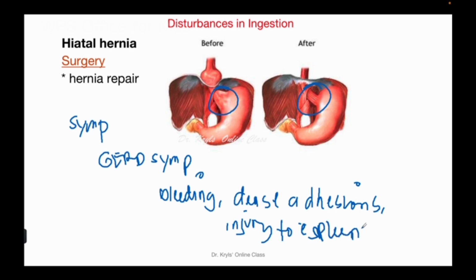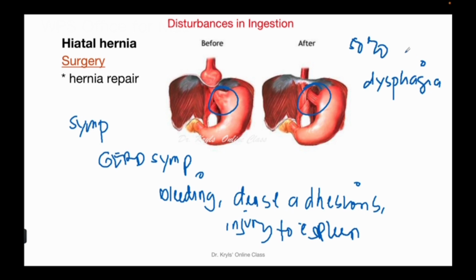Yon. So actually, okay, tapos na yung surgery ni patient. So it is up to 50% of patient may experience early post-operative dysphagia. Okay?